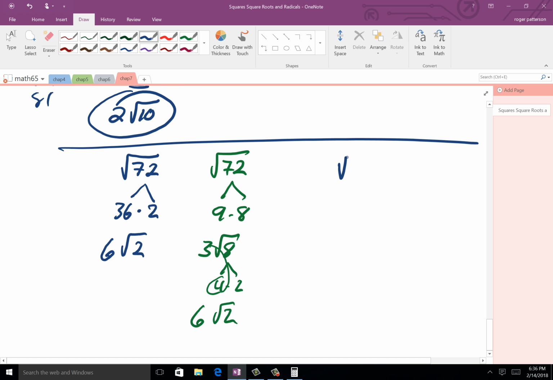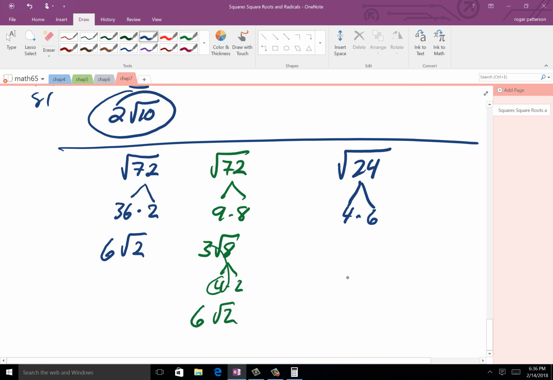All right, let's try some more here. Let's go with 24. Okay, we're simplifying. What's the largest number that goes into 24? Again, we're looking at those numbers evenly. Four goes in there how many times? 6, yep.